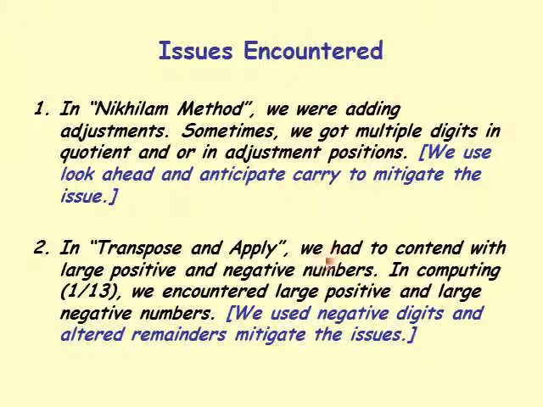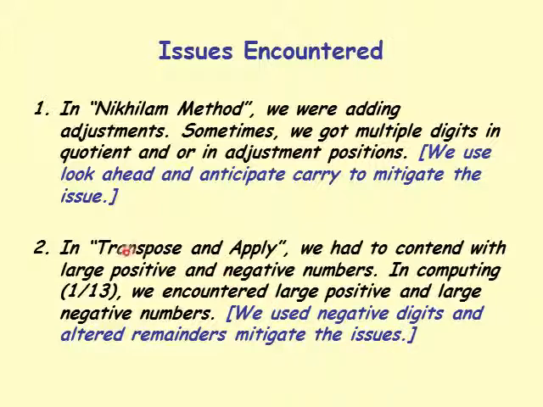In transpose and apply, we have to contend with both large positive numbers and large negative numbers. In computing 1 over 3, we encountered both. And how did we work around those? We used negative digits and altered remainders to mitigate the issues.